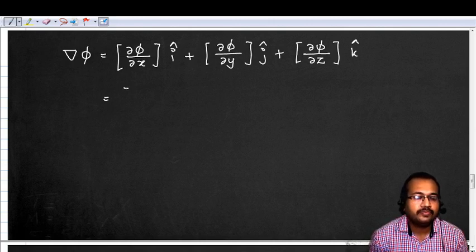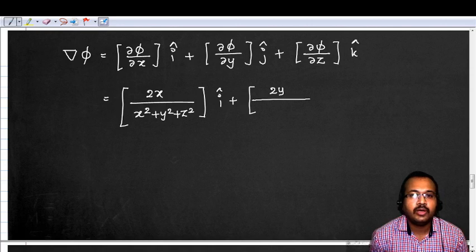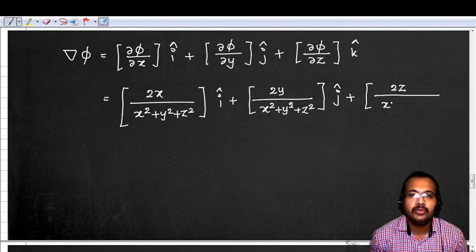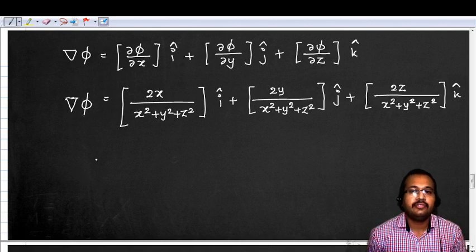That is equal to 2 times x upon x square plus y square plus z square i cap, plus 2 times y upon x square plus y square plus z square j cap, plus 2 times z upon x square plus y square plus z square k cap. This is your required value for the gradient of phi.